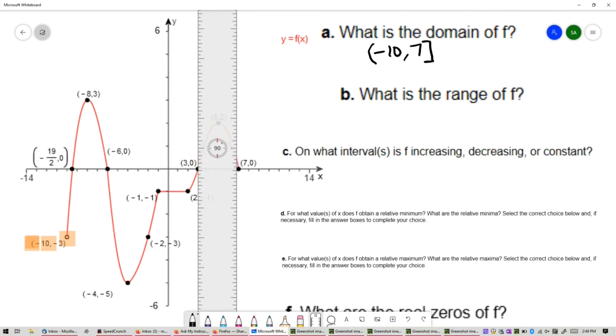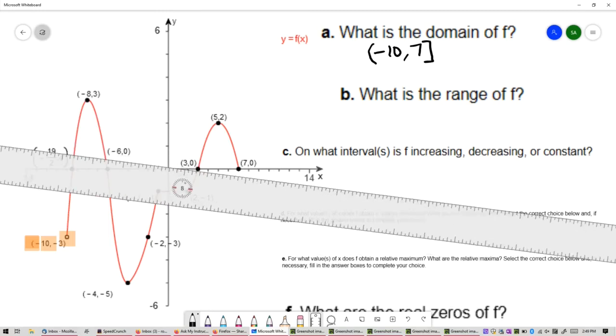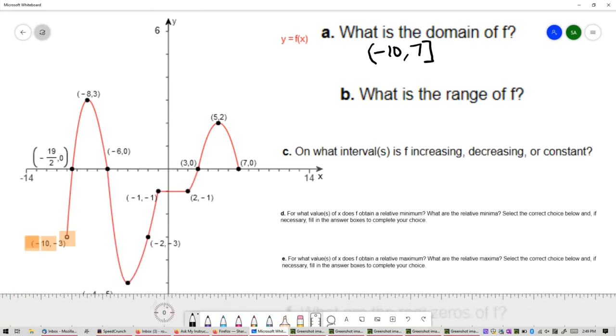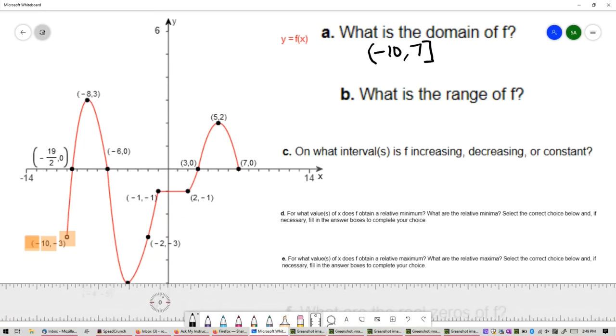Now the range is the set of all y's. So I'm going to hold my ruler horizontally and go from bottom to top, that's smallest to largest. The very first time my ruler hits the graph is right here at a y value of -5. So -5 is the start of my range.